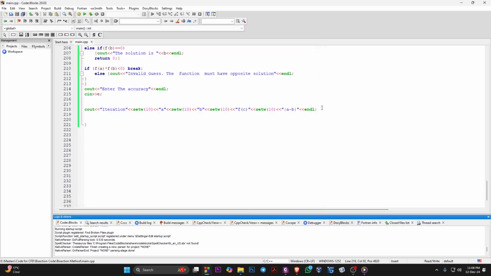Now I want to take the value further. Then I am starting our bisection method. Enter or equal to error.